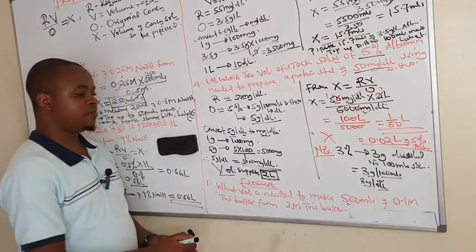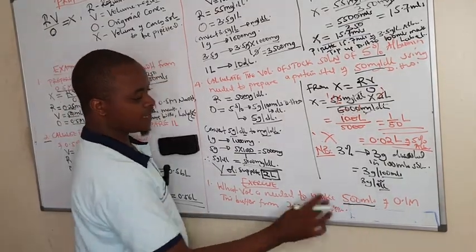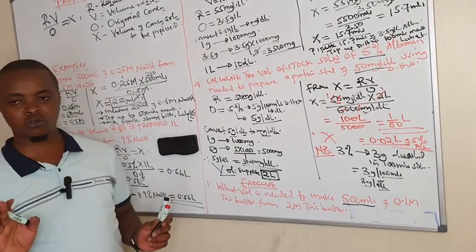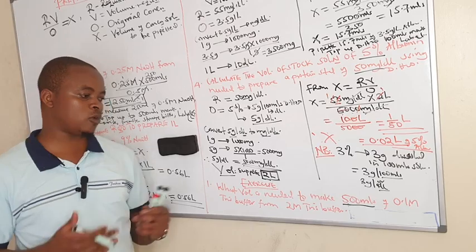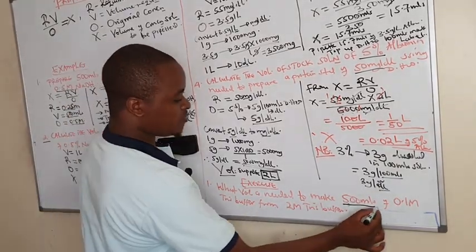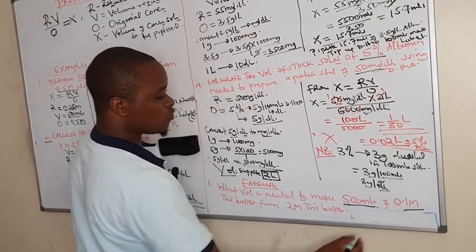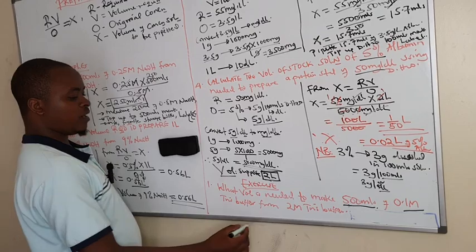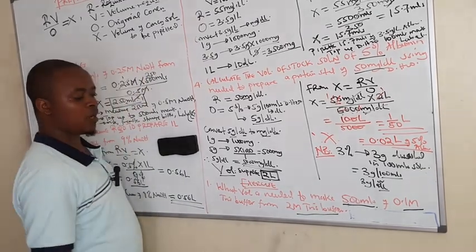Meaning here there is no description. We are only going to calculate. They are not asking you to describe or to prepare. What volume is needed to make 500 mils of 0.1 molar buffer from 2 molar Tris buffer?